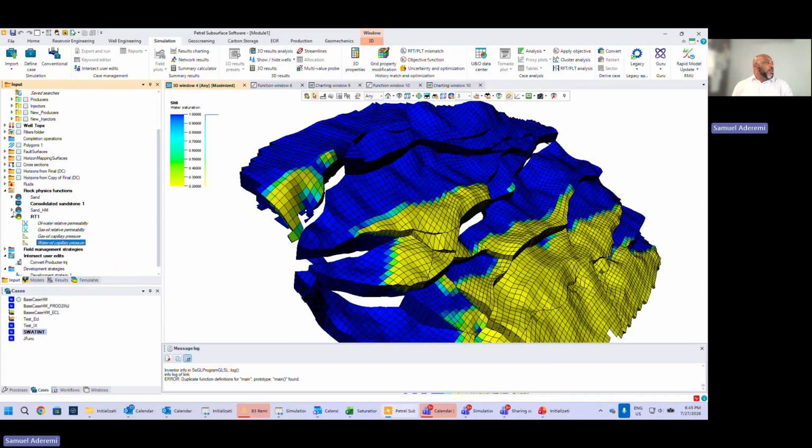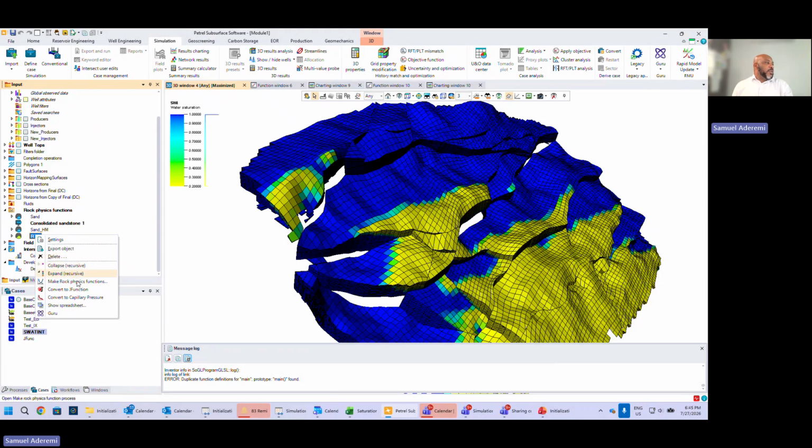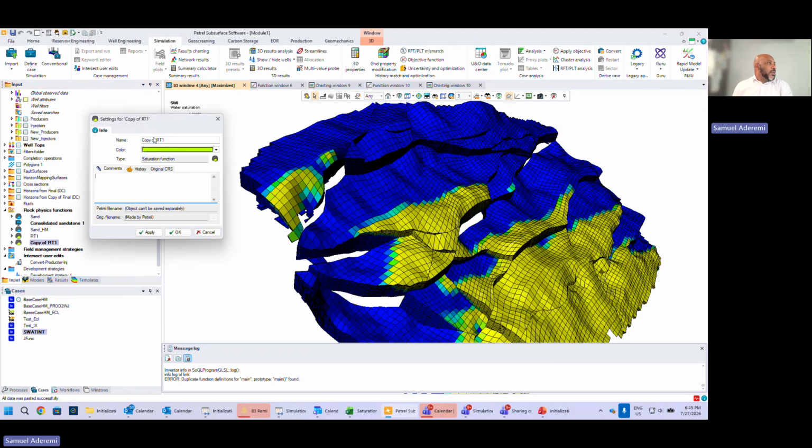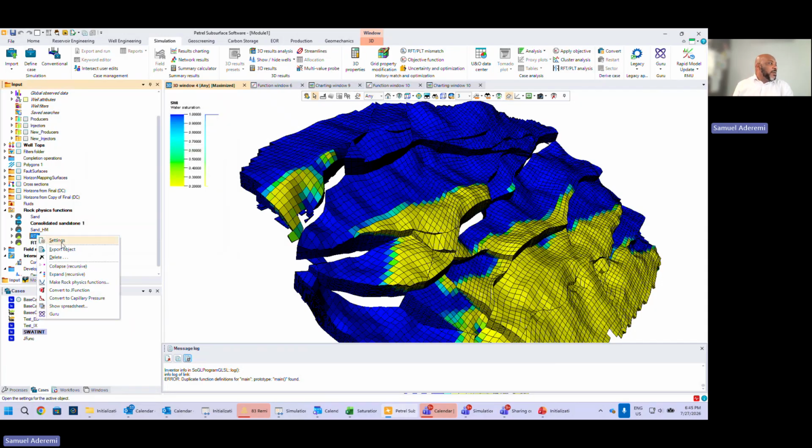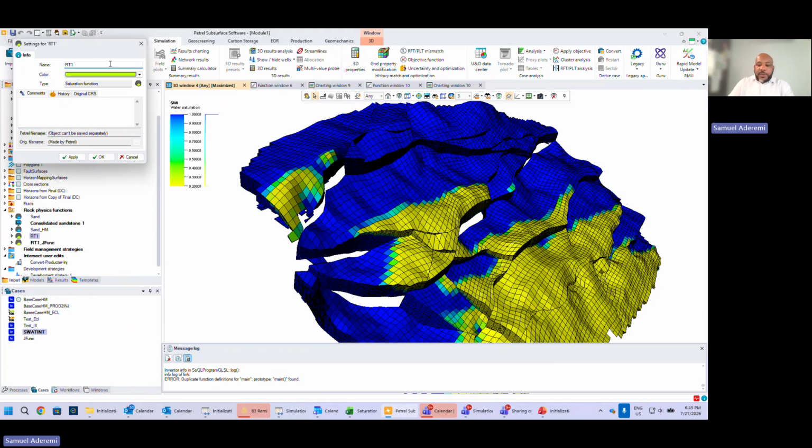Okay. And once you have done that, if you also want to use the J-function, I can just come here and maybe make a copy of this and convert it to J-function. So maybe let's rename this as rock type 1, but this time around, instead of using capillary pressure, we're using J-function here. Maybe the first one, we can put it as capillary pressure. We have capillary pressure here, PC.